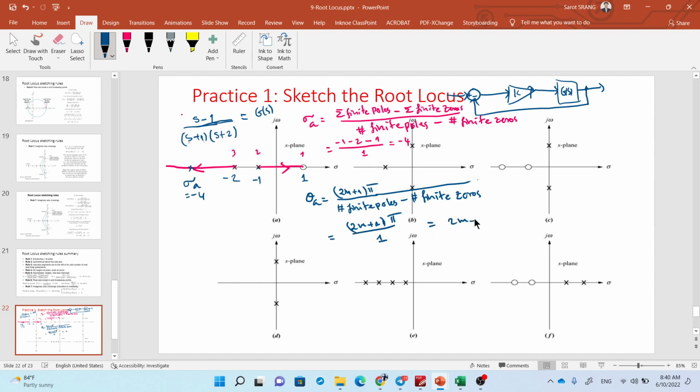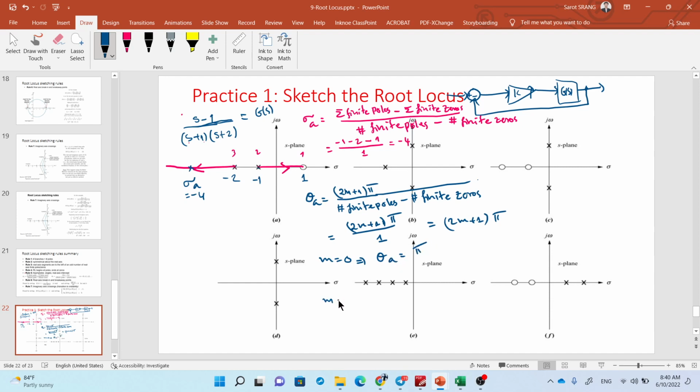That is (2m plus 1) times pi. So let's choose m equal to 0. Then we get theta A equal to pi.